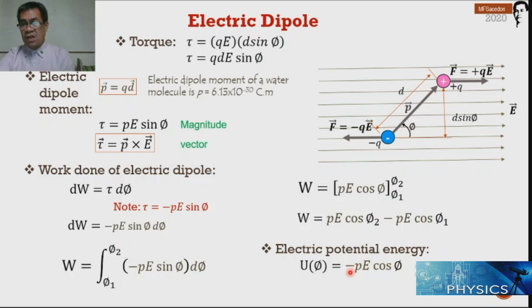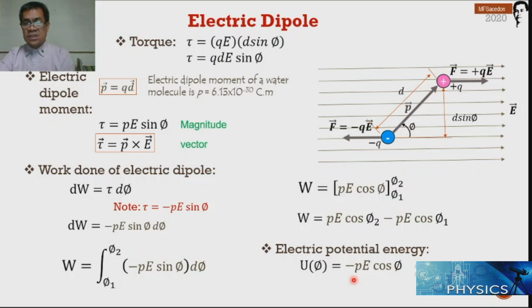Because the angle keeps on reducing until zero, so the potential energy must be a negative value. Again, this is the final electric potential energy and this is the initial electric potential energy. The difference is a change, and this is negative. So we can say that the work done by an electric dipole is the negative change in electric potential energy.